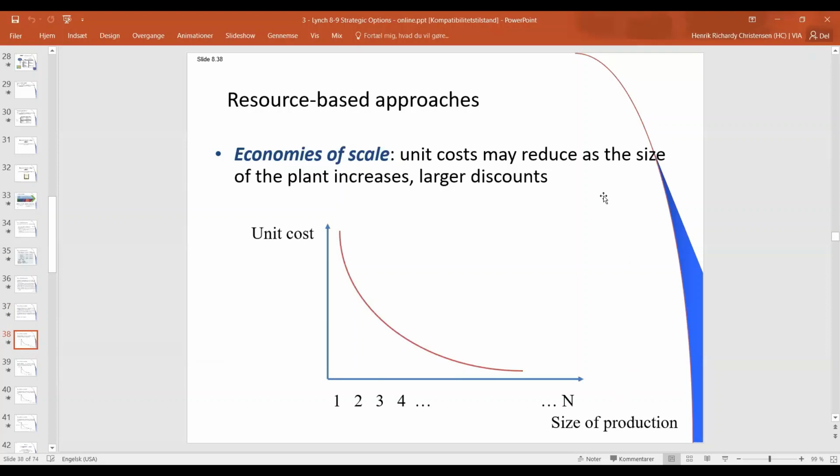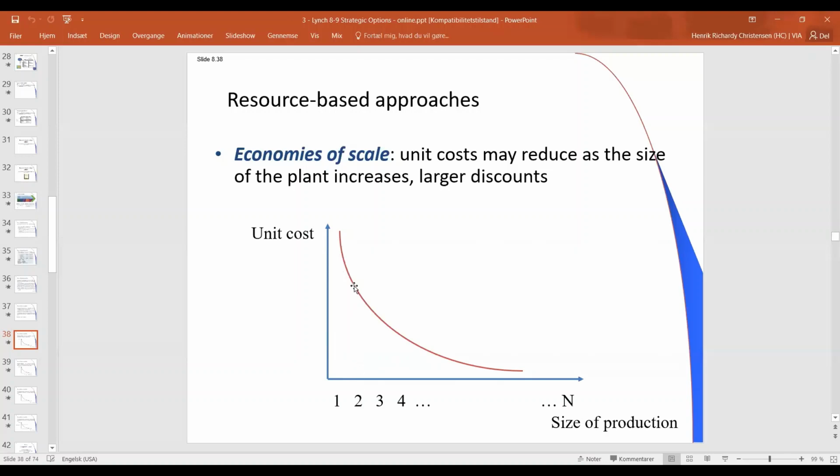So the idea is that you have the cost of producing 1 unit over here, and over here, this is the cost of producing 1 unit. Okay, as we can see, it's here. What is the cost of producing the 2nd unit? Well, it's a bit lower.